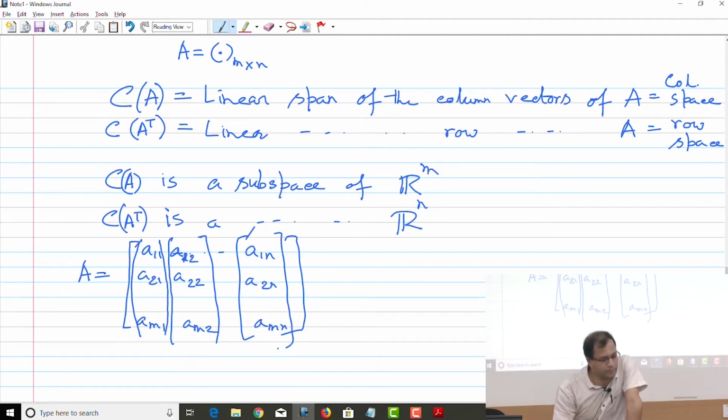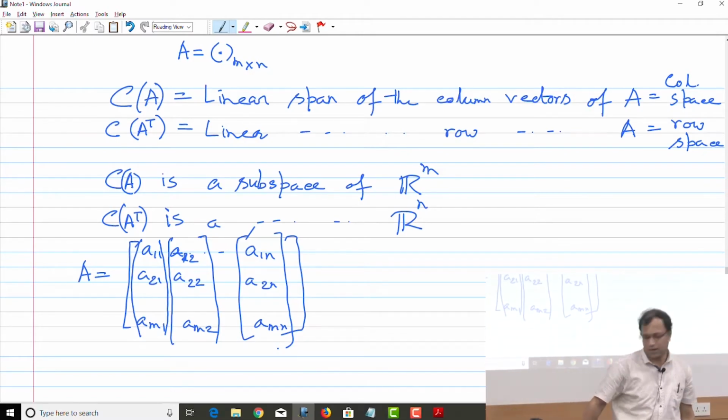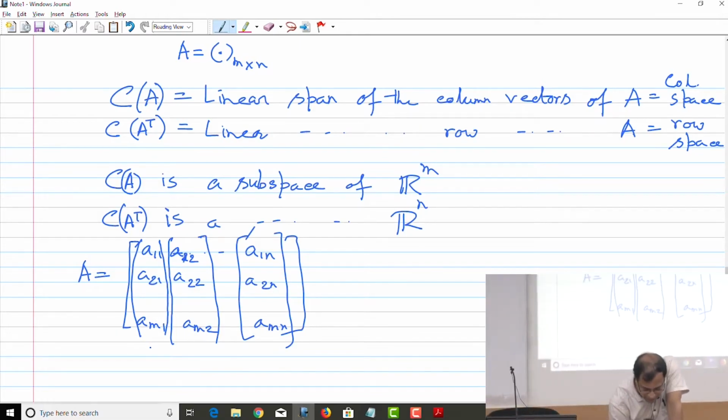I haven't talked about the dimensions, but these are elements of which vector space? If we consider these as vector a1, vector a2, up to vector an, these are elements of the vector space Rn. Okay.